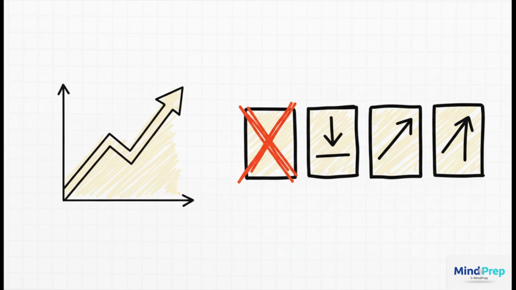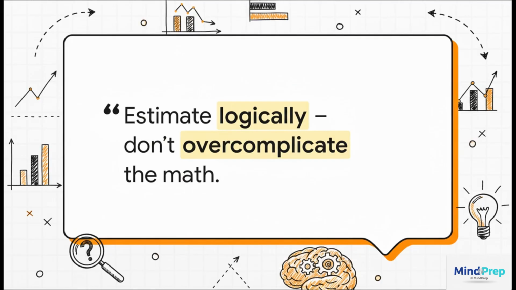If the graph is clearly going up, you can immediately cross out any answer choice that's lower than the last point. Easy. And please, remember this. The ACT is not trying to catch you with some crazy, complex calculation on these questions. They just want to see if you can make a reasonable estimate. A ballpark guess, based on the trend you see, is usually all it takes to find the correct answer in the choices.